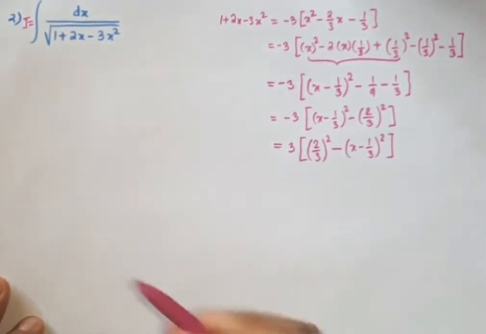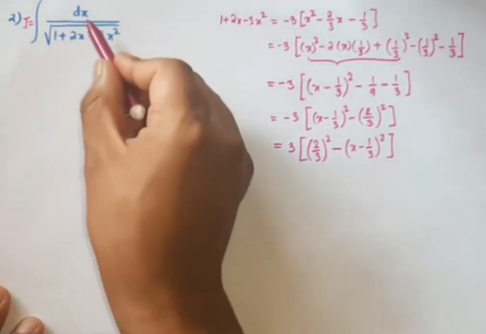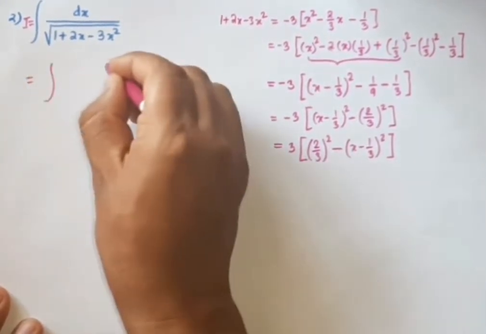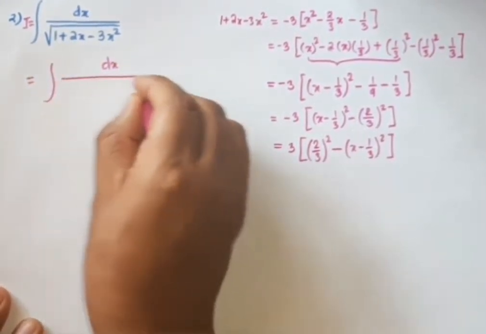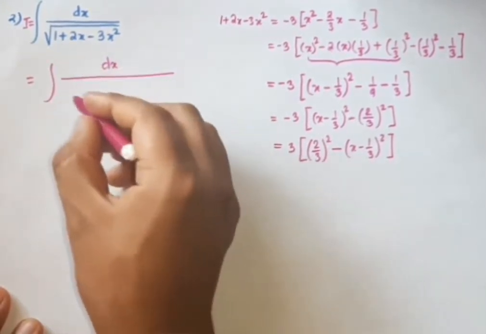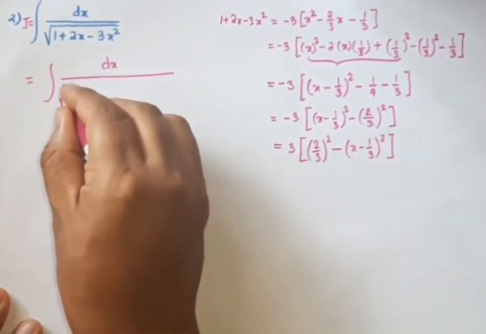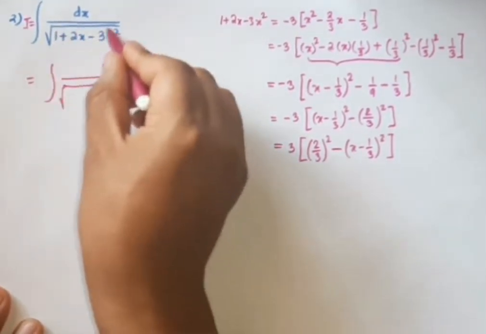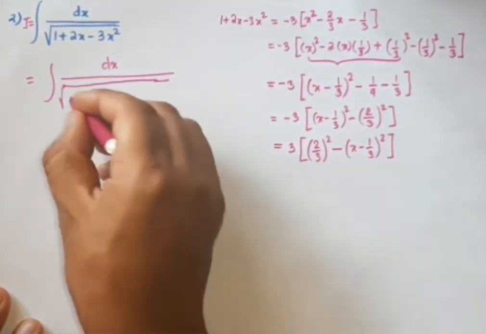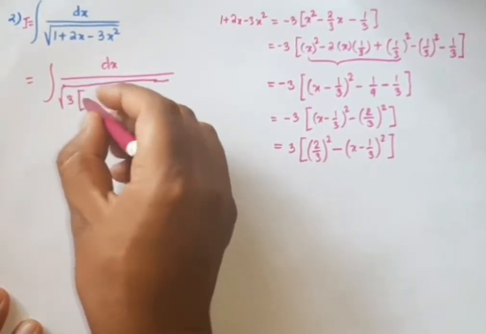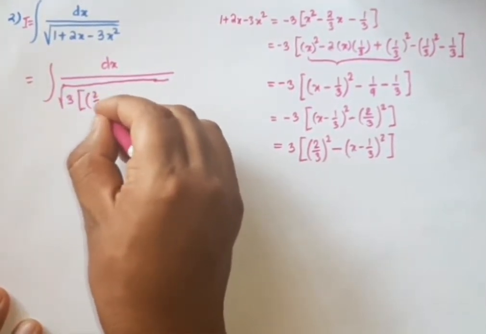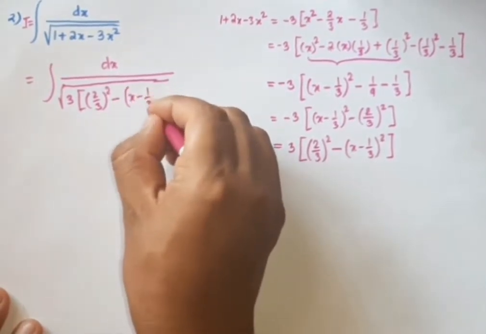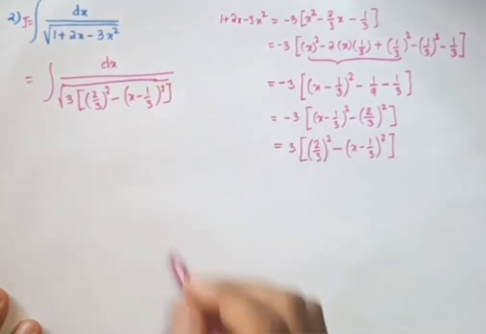Now let us go back to our work. So we have the integral of this much, right? So we have integral dx. Okay, the square root sign is there, so let me write the square root sign also. So we have this equal to how much? This is equal to 3 times 2 by 3 whole square minus x minus 1 by 3 whole square, right?